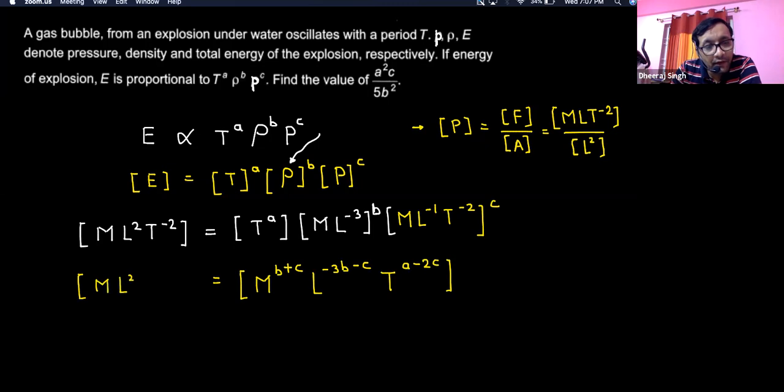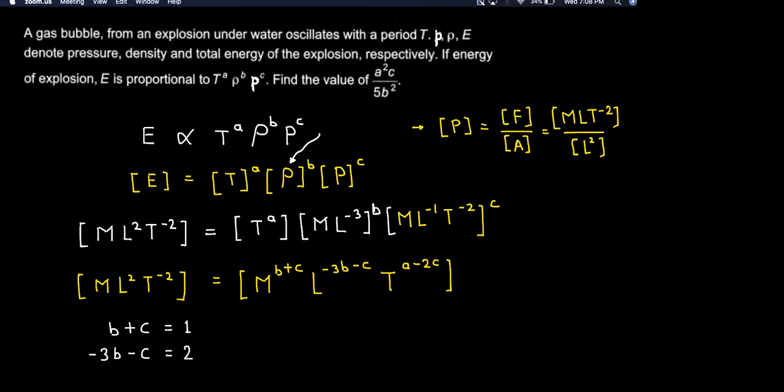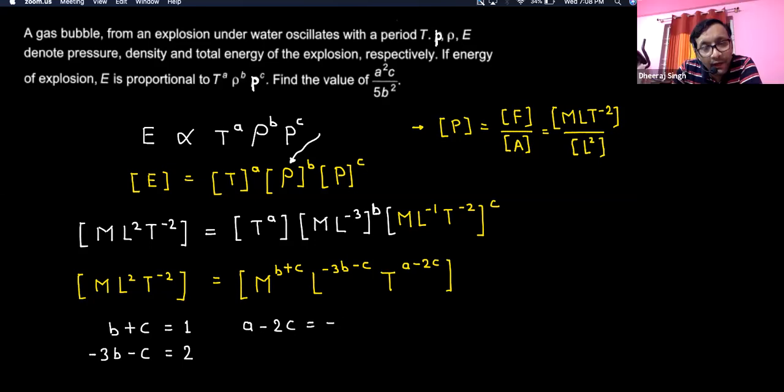Fine. So I can say that B plus C is equal to 1, minus 3B minus C is equal to 2, and A minus 2C is equal to minus 2.